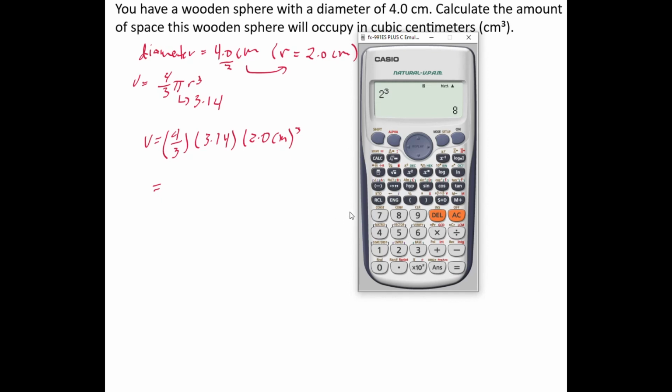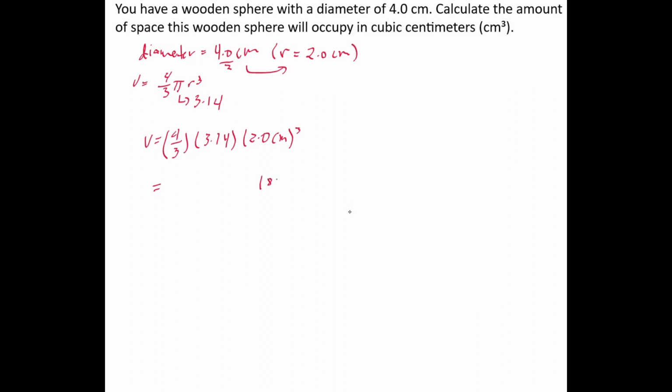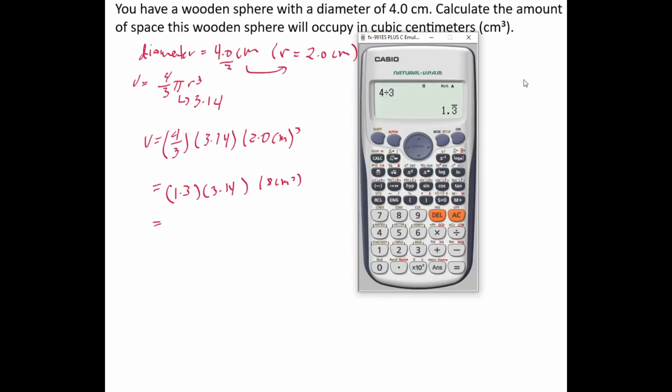Okay, so let me rewrite it. So this is 8 cm cubed, and then let me rewrite 3.14, and then I can get the quotient of 4 over 3. Okay, that's 1.3. We get the calculator, multiplied by 3.14, multiplied by 8, and that gives us 33.49.